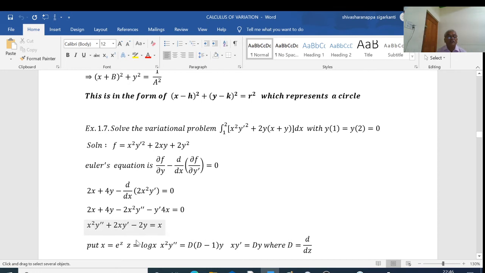If it is like this, then we go for substitution. Put x equal to e raised to z. If I put x equal to e raised to z, then z equal to log x. And replace x square y double dash by D into D minus 1 into y, and x into y dash by D into y, where this D is equal to d by dz.